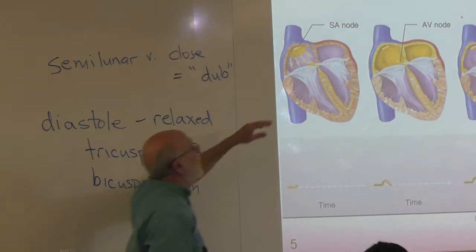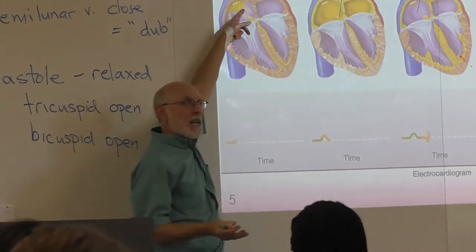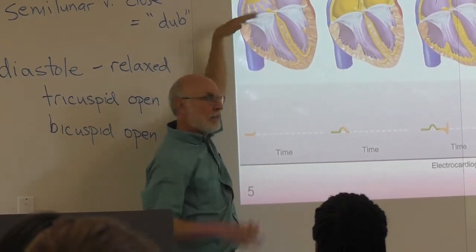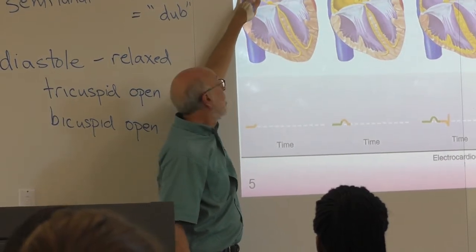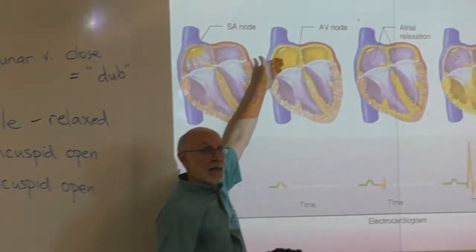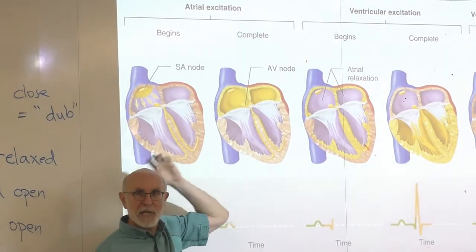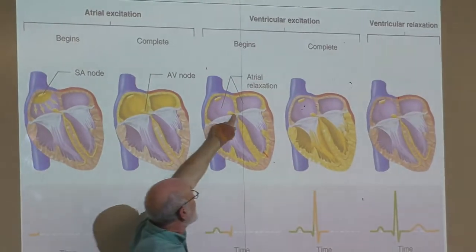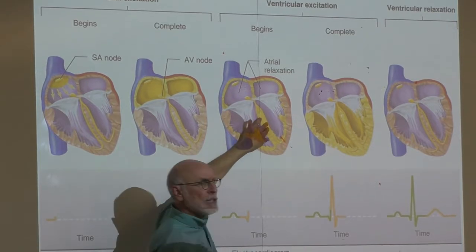Let me just walk through it. The SA node fires action potentials. Action potentials spread throughout the atria. That's this yellow cloud moving through the atria. Atrial systole: you can't see it, but it's contracting because action potentials have happened there. Moving slowly through the AV node, moving through the bundles and through the interventricular septum.